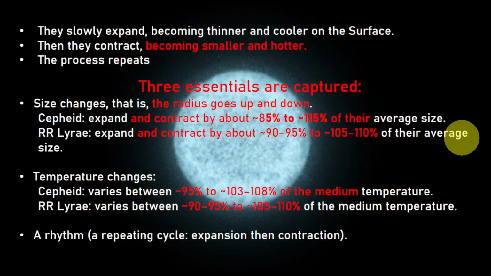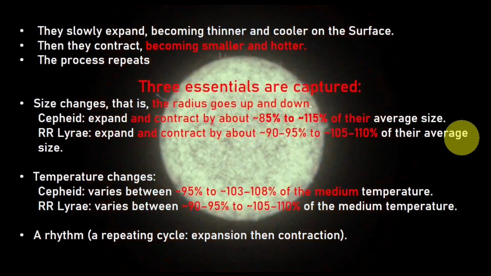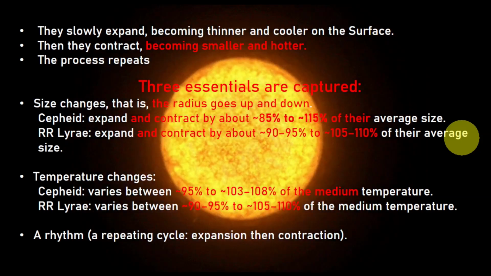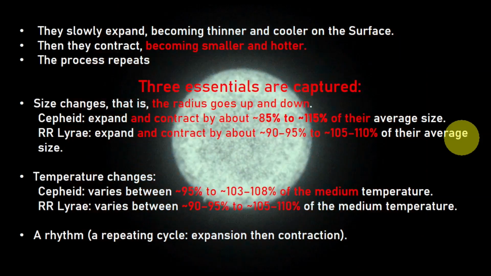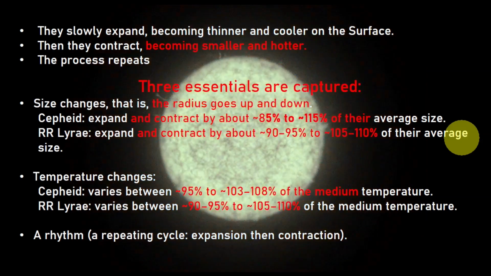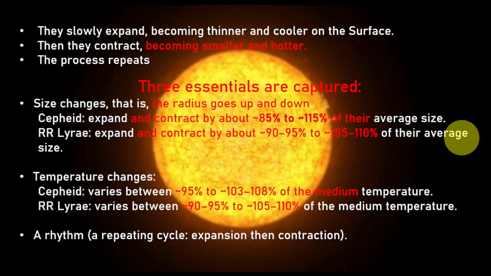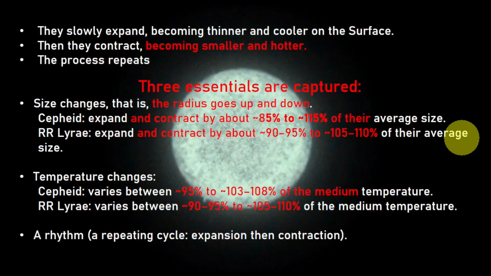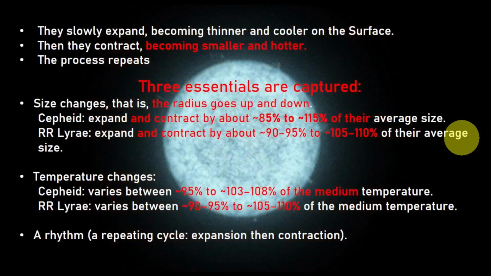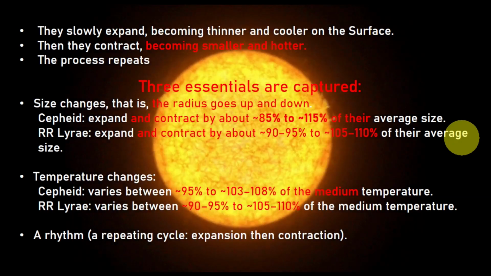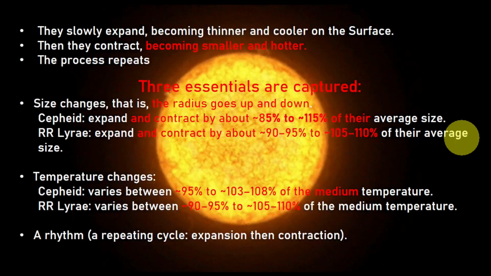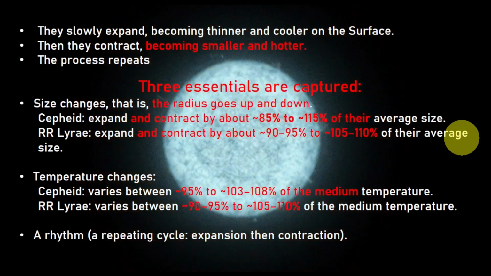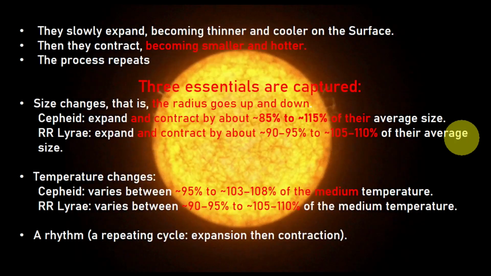Let's imagine the size, the radius, to be 100%. When it contracts by 15%, it becomes 15% smaller, that is 85% of the average size. And when it expands, when it inflates, it becomes 15% higher than the average size.